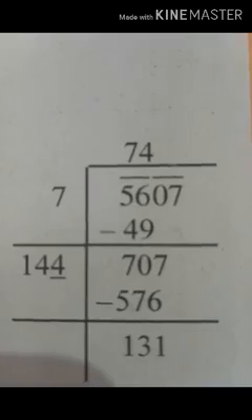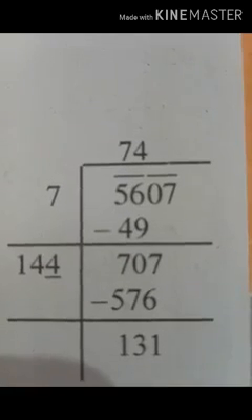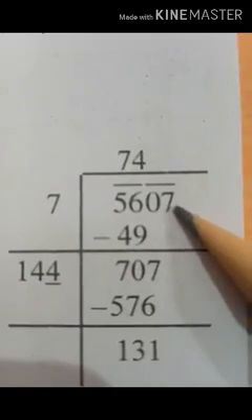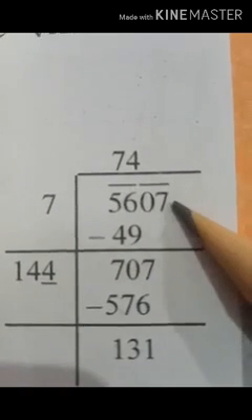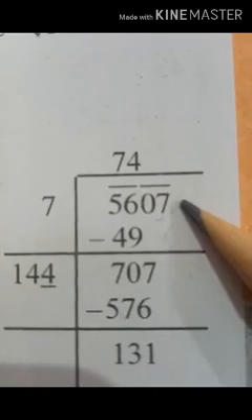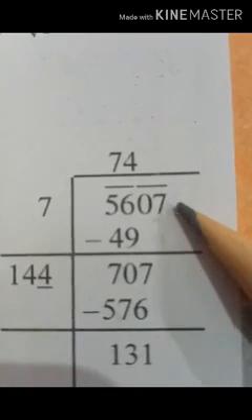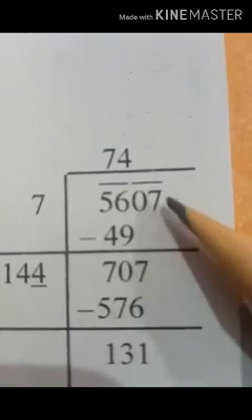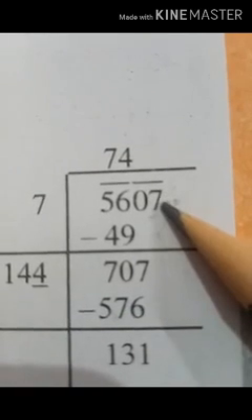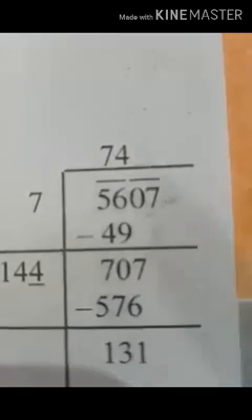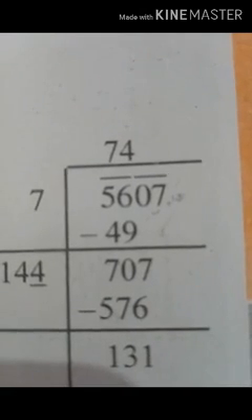Now let's see example 10 from page number 105. Here one number is given to you, 5607, which is not a perfect square because the 7 at the end shows it is not a perfect square. The question is, which is the smallest number that should be subtracted from this 5607 so that the remaining number is a perfect square? And then you have to find its square root also.